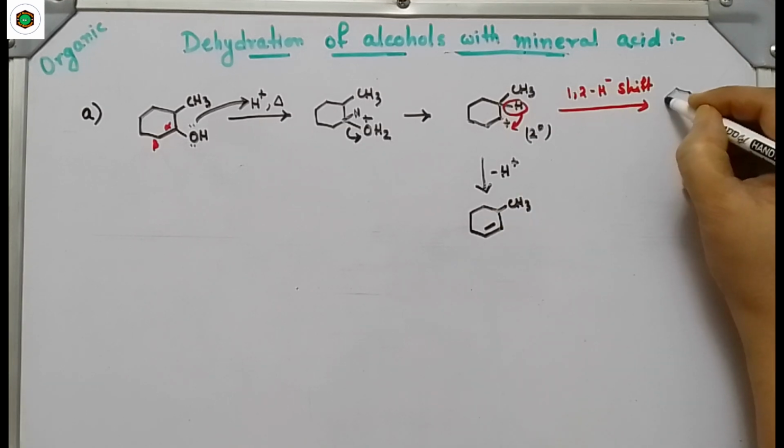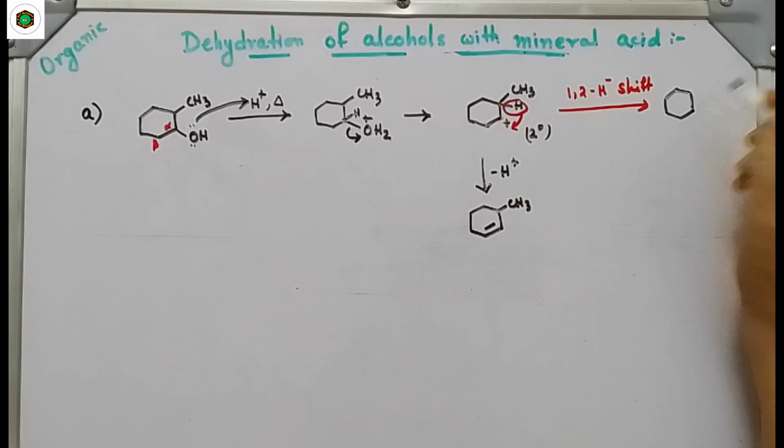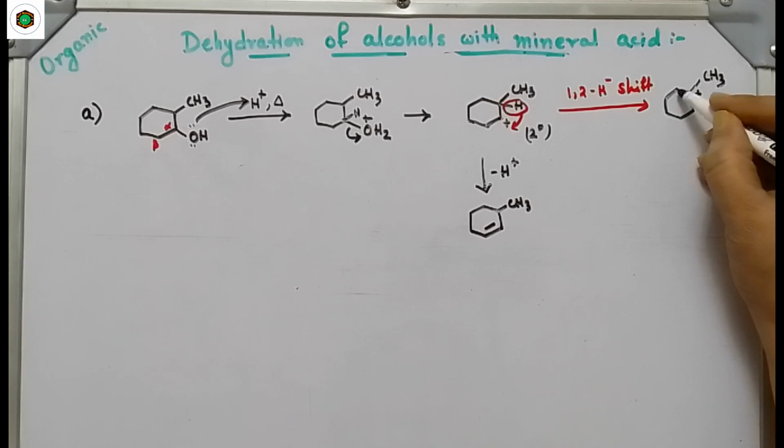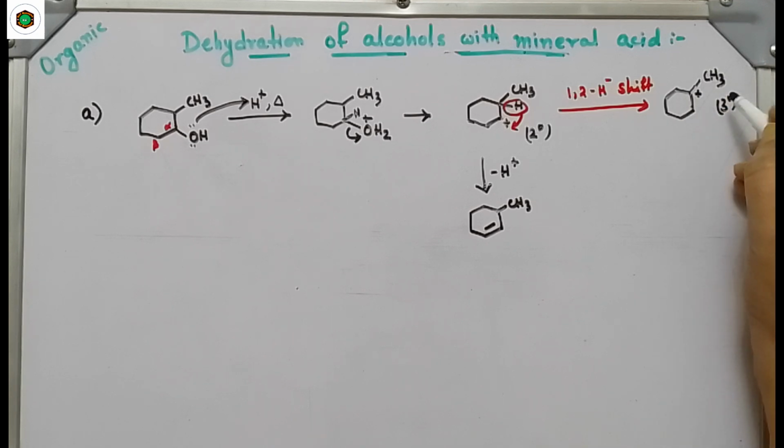So we will get here one positive charge. And this is tertiary carbocation, since with this carbon 3 carbon atoms are attached. So this is more stable.